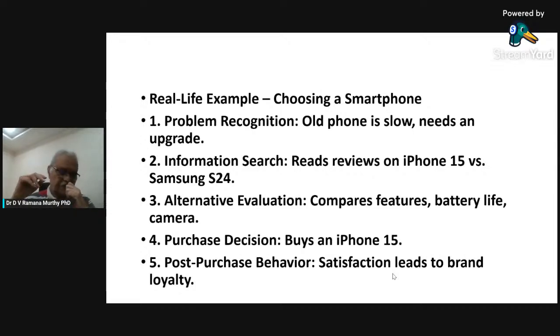Second, if the problem is clearly recognized, then you go for information search. What sort of smartphones are there in the market within my budget, and how can I buy the product? So here come advertisement presentations.